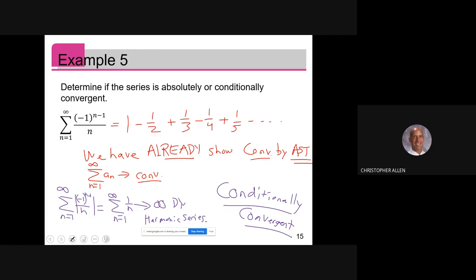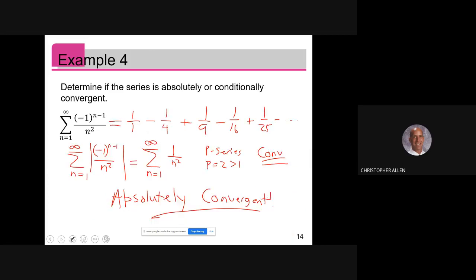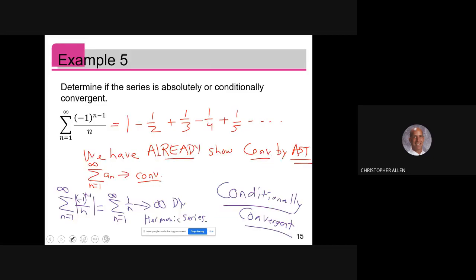Let me make this as clear as possible. In fact, let me go back to the previous example. This series converges and converges absolutely. This converges if I don't get rid of the plus minus stuff. It converges if I do get rid of the plus minus stuff. Either way, it converges, so we say it's absolutely convergent. However, this is the classic case.